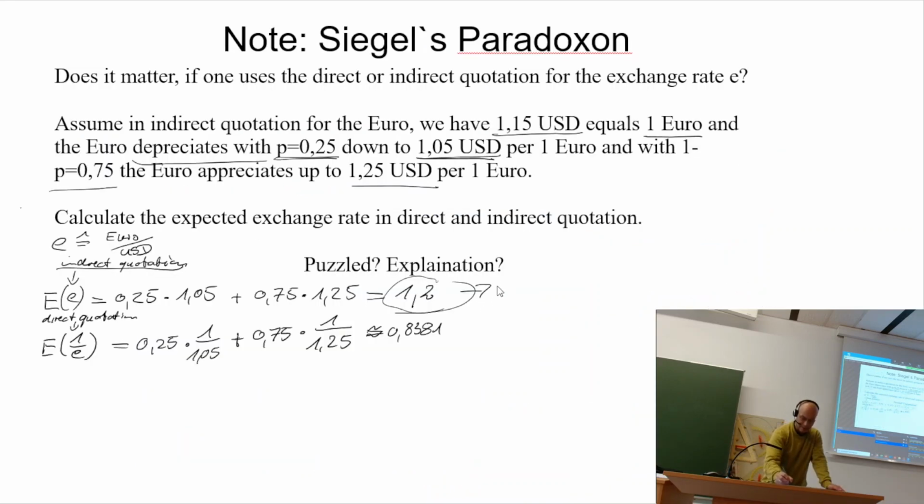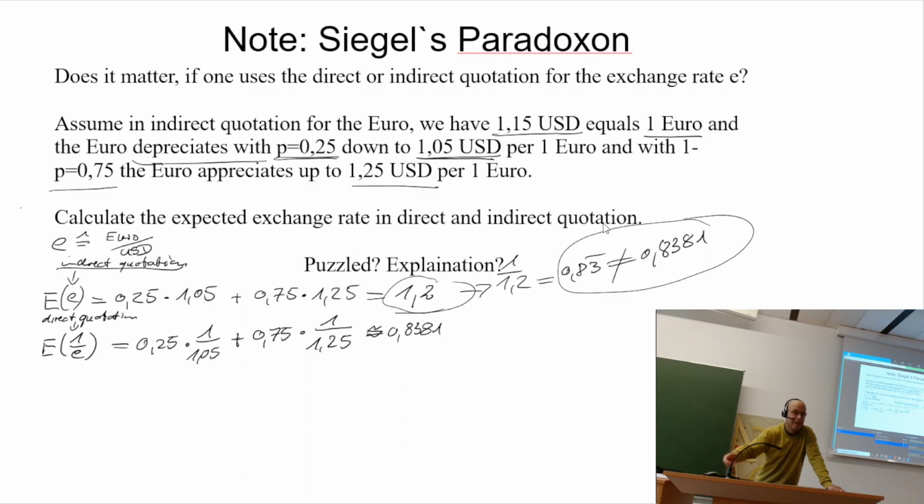So here 1 over 1.2 is 0.83 period, and this of course is different to 0.381. Well, of course, and this is puzzling. And why is it?